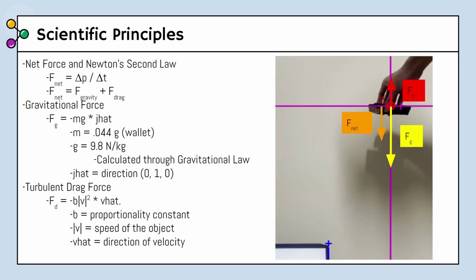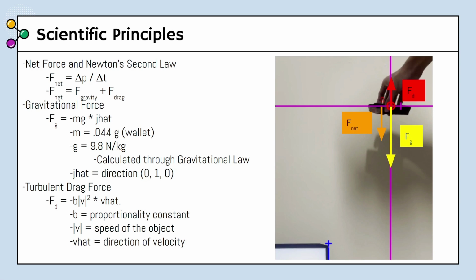So now let's talk about the scientific principles. The first principle we must consider is the net force in Newton's second law. We can consider our net force to be equal to the change in p over the change in t. This can also be described as our force of gravity being added with our force of drag. Our gravitational force is equal to negative mg times j hat.